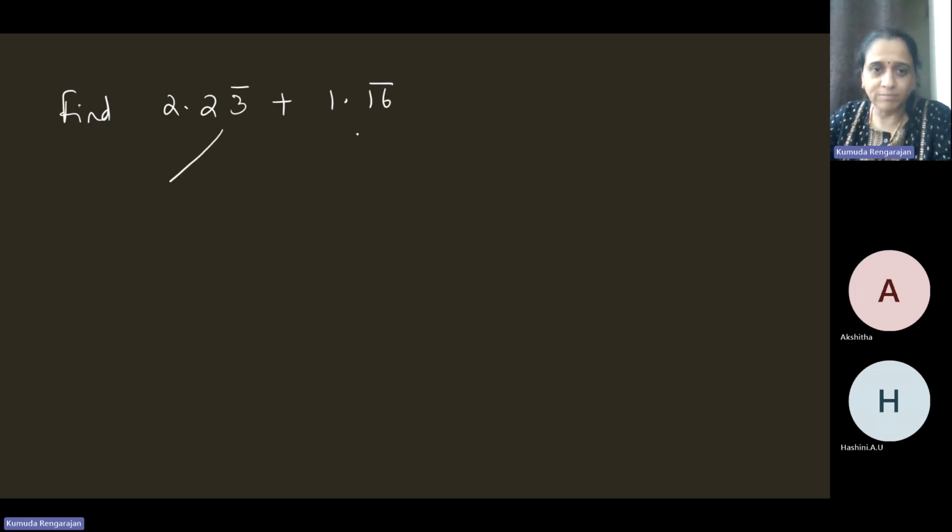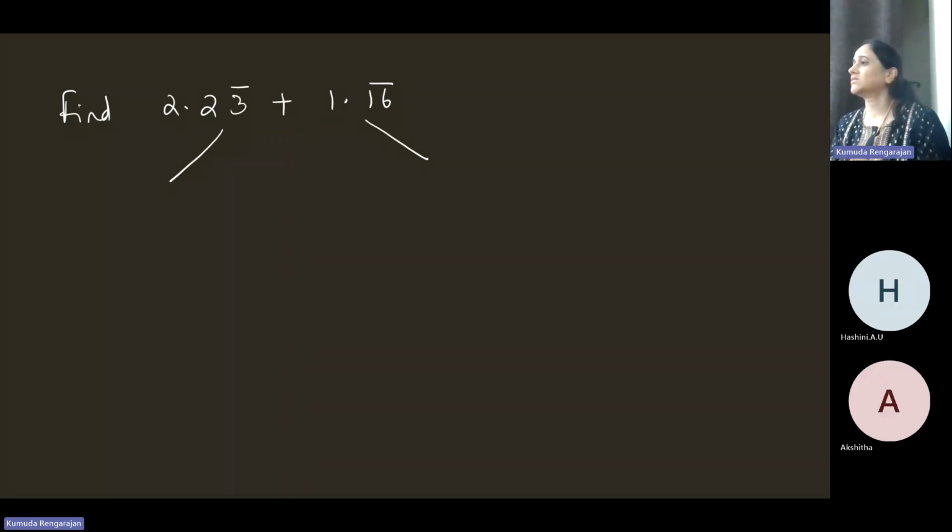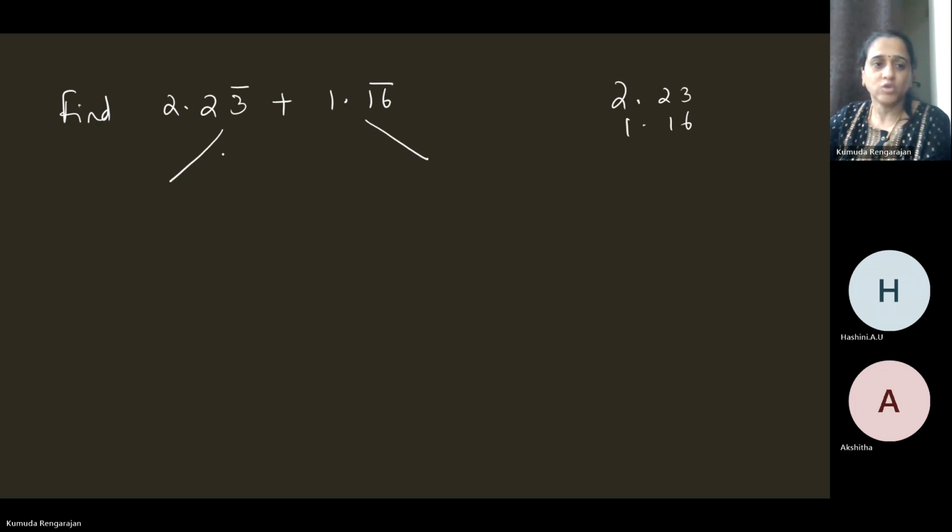You should work these separately. You will get a fraction for this and a fraction for this, then add the two fractions. You cannot add 2.23 and 1.16 like this. You must work this separately using the x method.